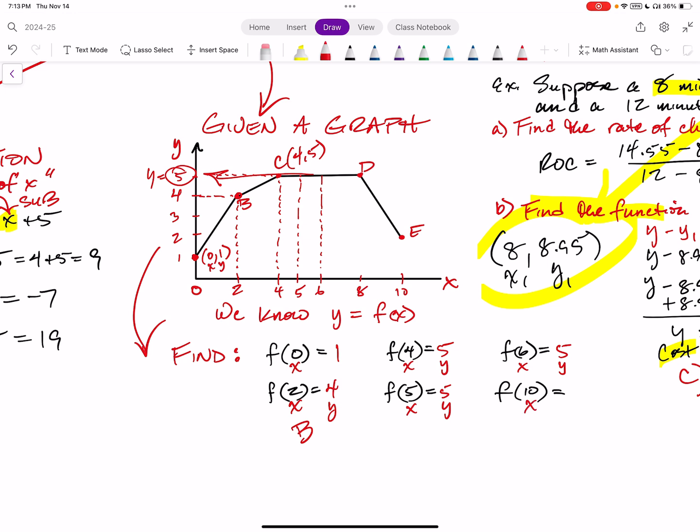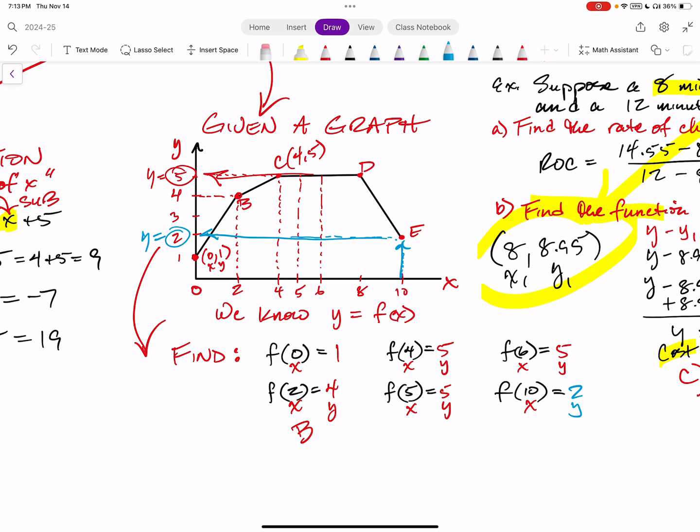Now when x is 10, that might change. I don't know. So when you find x is 10, you go up to the graph at point E, you look left. Actually, let me draw arrows. This is the thought process right here. And look at that. Y is equal to 2. So this function notation is they're just y values.